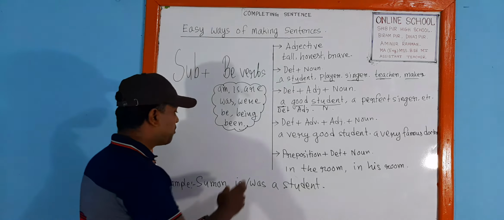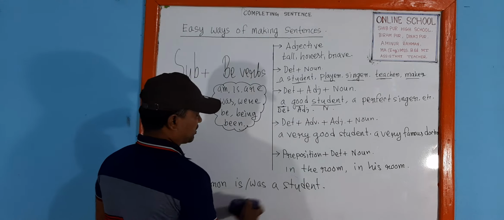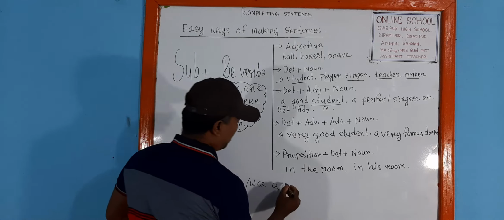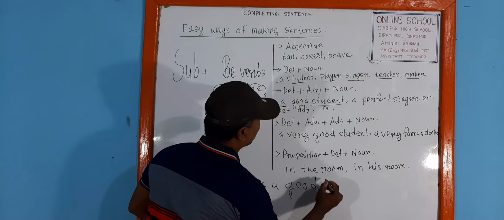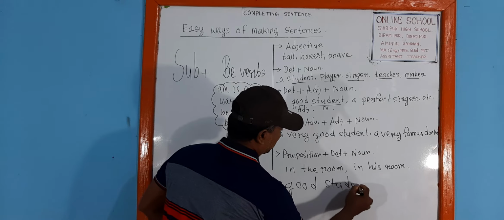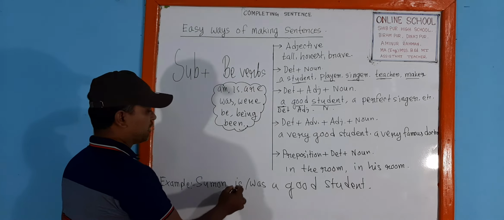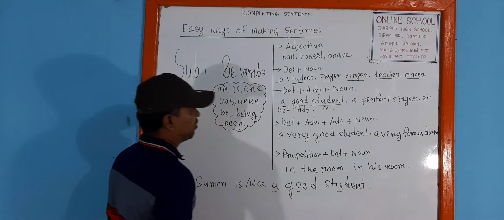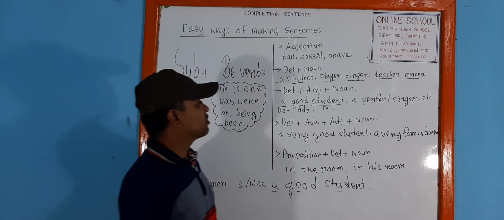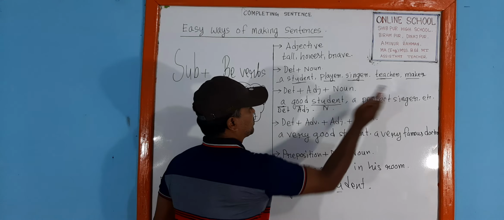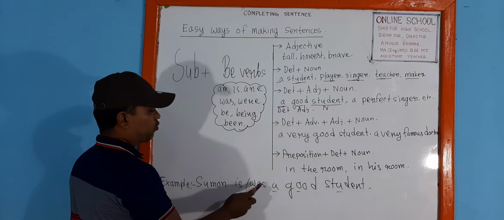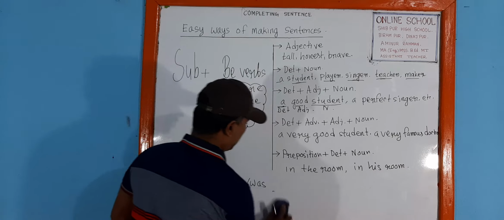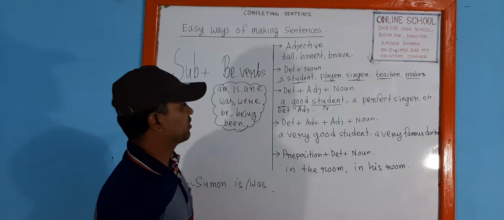If I want to use this structure in this sentence, it will be: Shuman is or was a good student. Already I have discussed this. We can also use here a perfect singer: Shuman is or was a perfect singer. So this is the structure, and using it we can make so many sentences.